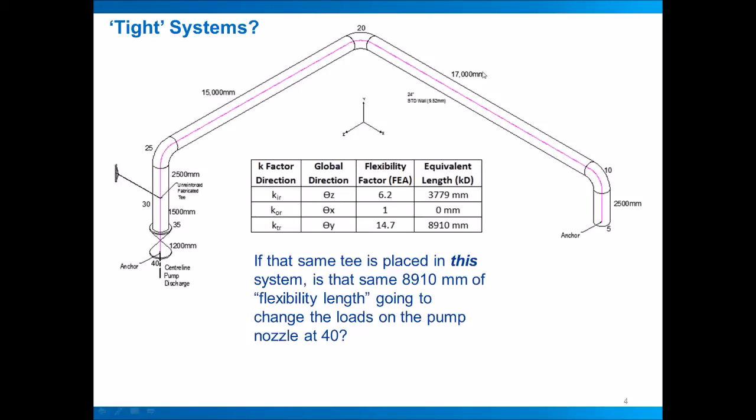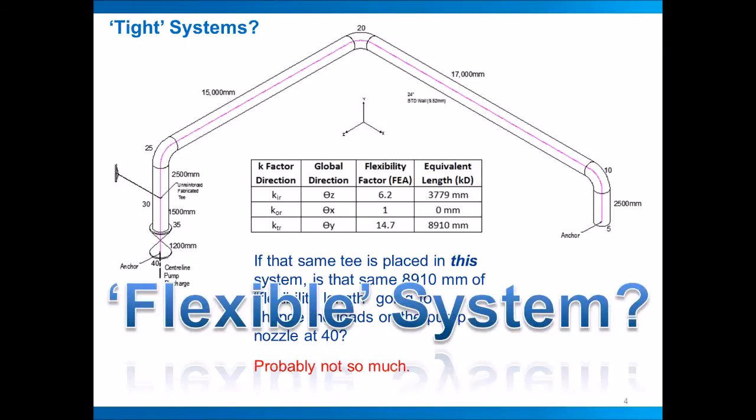We've got 15 and 17 and the rest, so considerably more pipe than we had before, so it's not going to have so much of an effect. This is what we would call a flexible system. So basically, where the amount of equivalent flexibility length is a significant proportion of the area you're concerned with, then that would be a tight system.